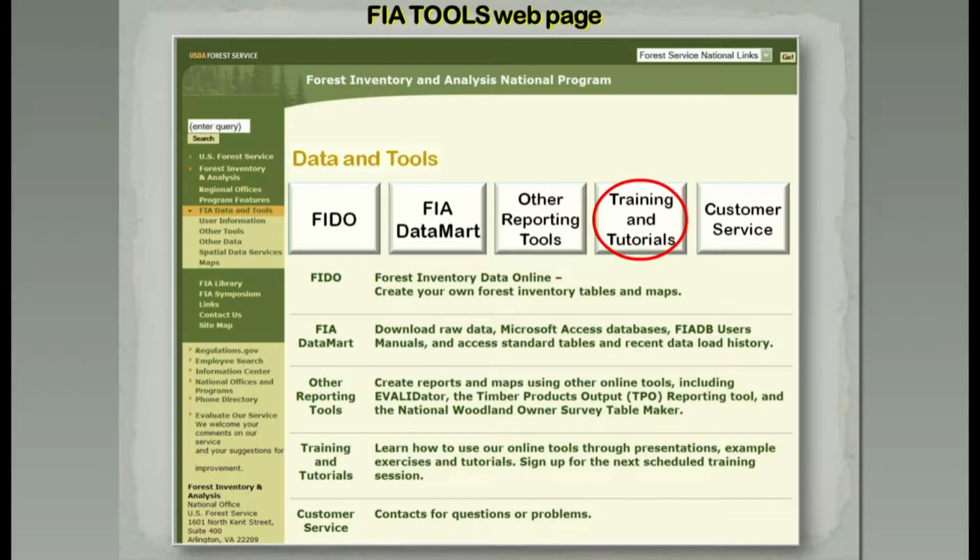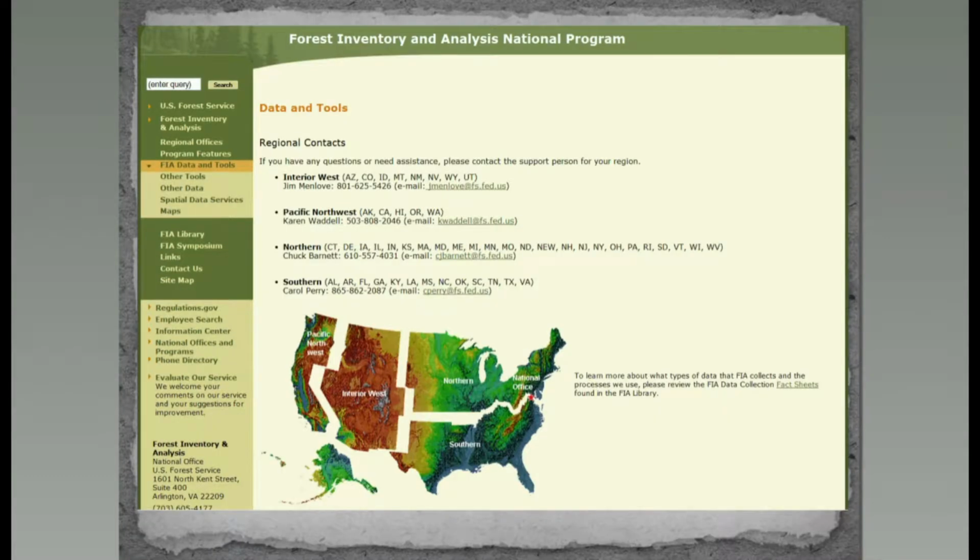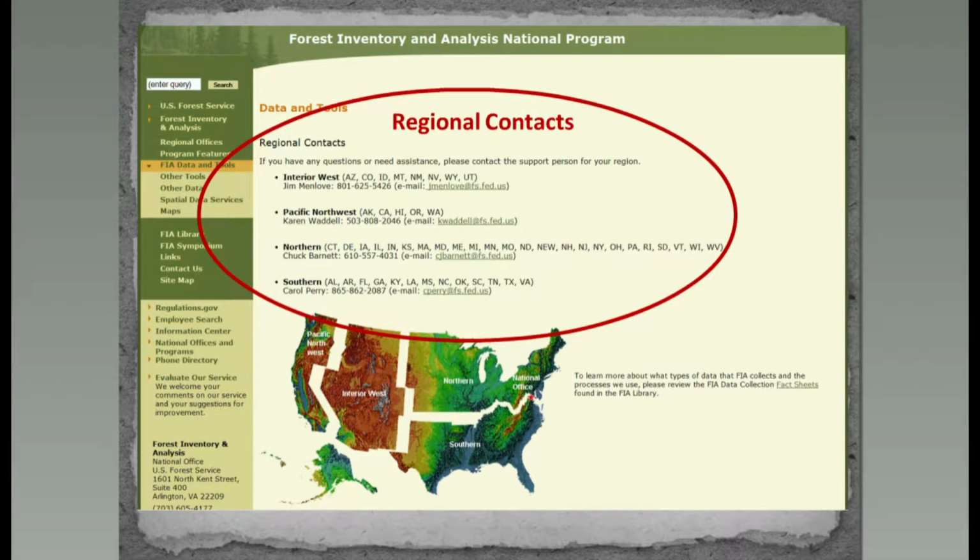There's a training and tutorial page that we usually skip by, but I just want to show you a quick shot of that. And the customer service page, which we also usually skip, I'm also giving you a shot. We'll go there right now. This is what the customer service page looks like. Right at the top, these are all the regional contacts. The states are divvied up.